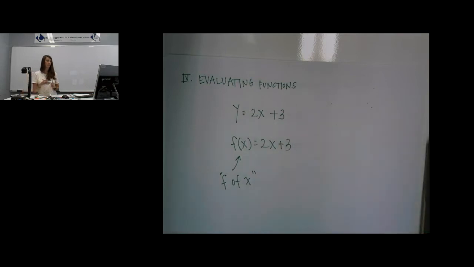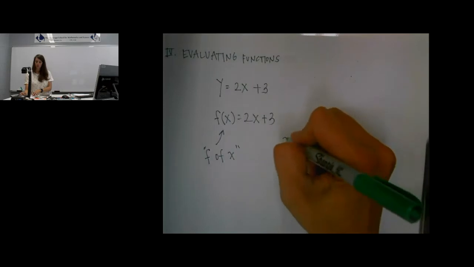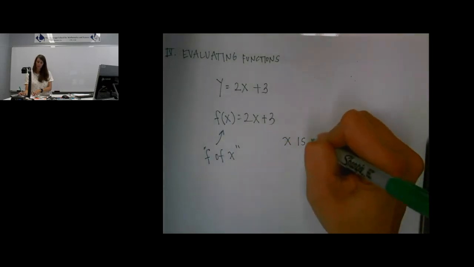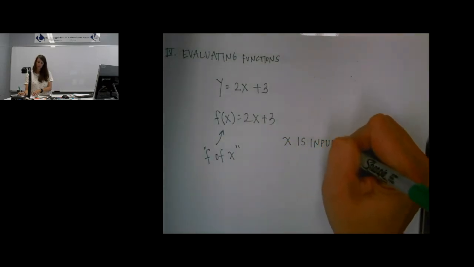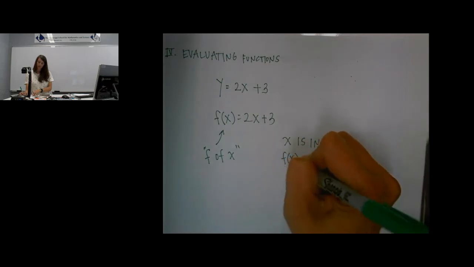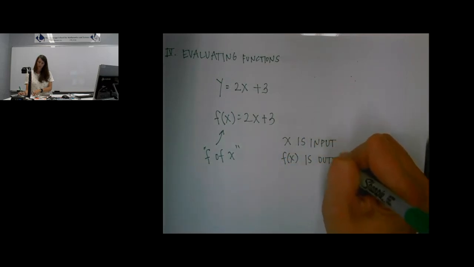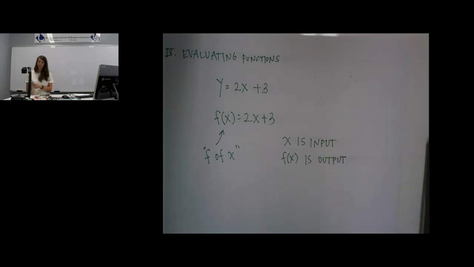So x is my input, and f of x is my output. If you go to the vending machine, you put in money, and what you get is some food. So that's exactly a function. You put something in, and you get something out of it. So that would be function notation.